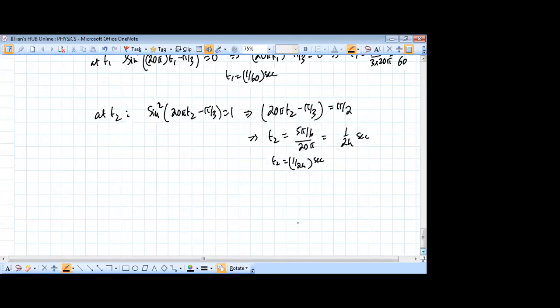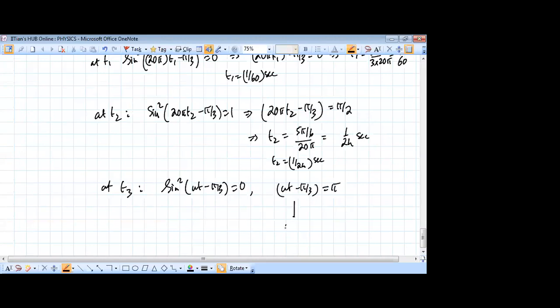And similarly T3, when you calculate at T3, this sine square of omega t minus pi by 3 kind of term is 0 again. So that means that omega t minus pi by 3 term this time is becoming pi.